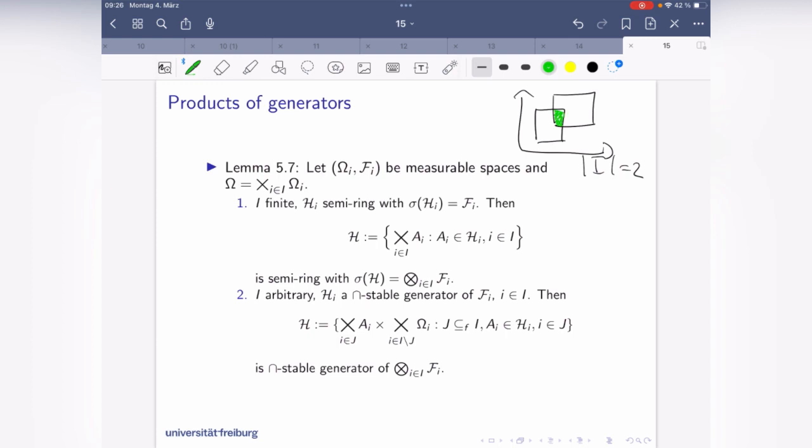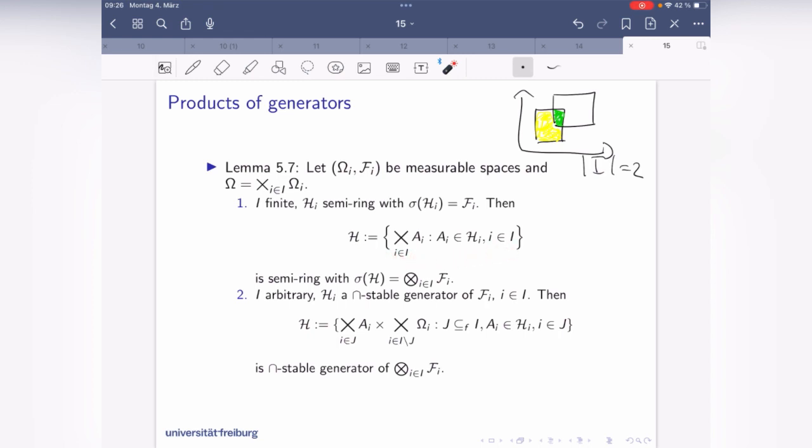So it's again of this form here, which means H is cap stable, it's intersection stable. And the other thing is, if you have the set difference of these two, the first one minus the second, you have this one here, which is not of this form.